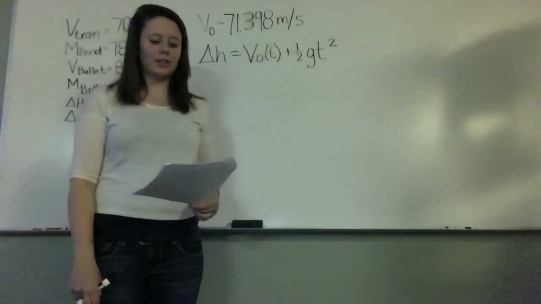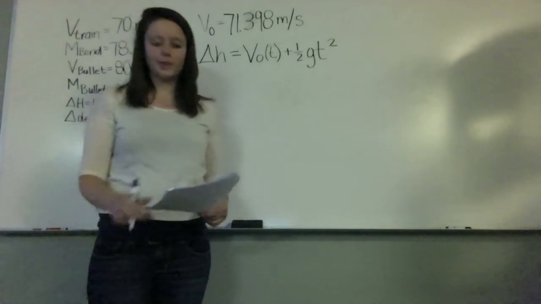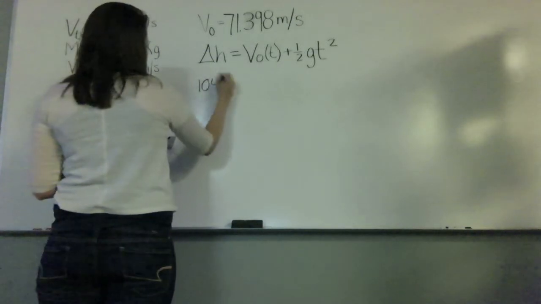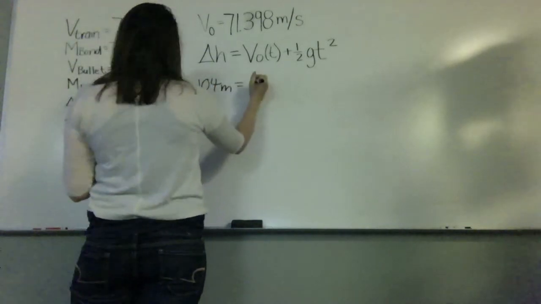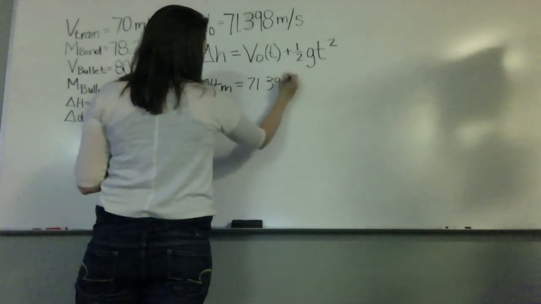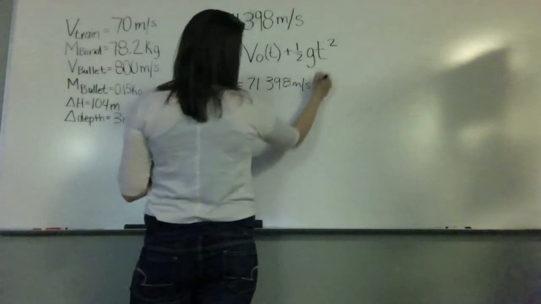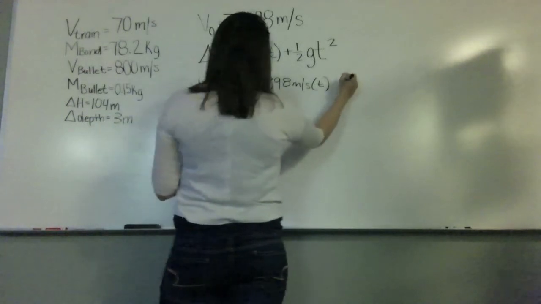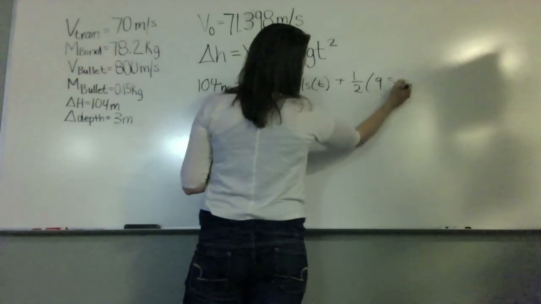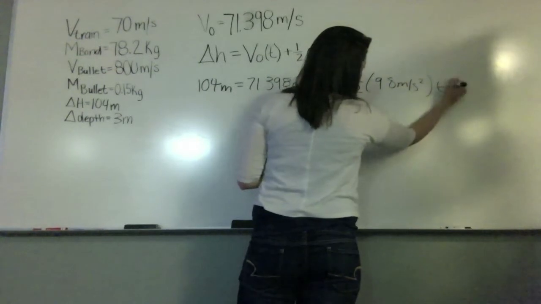Using the velocity that we calculated previously, I will be determining the time that Bond is in free fall. So, his distance that he falls, which is 104 meters, is equal to his initial velocity of 71.398 meters per second times t, which we don't know yet, plus 1/2 times gravity times t squared.